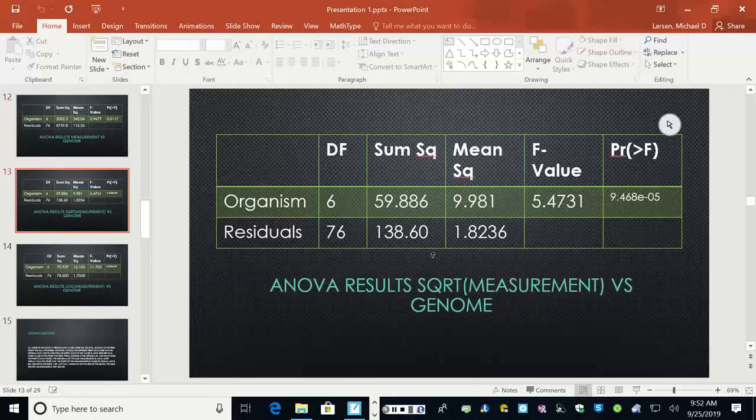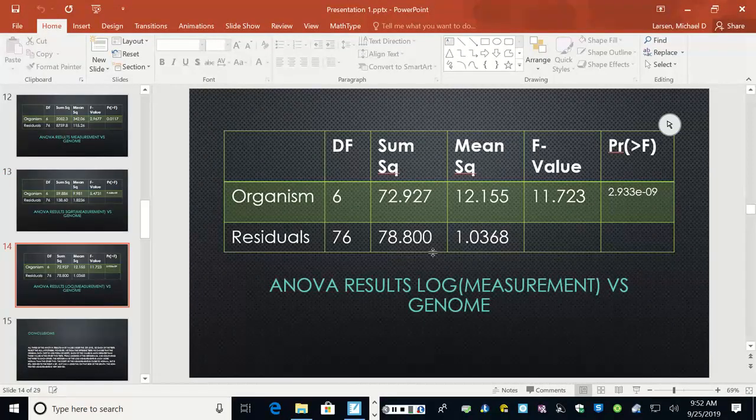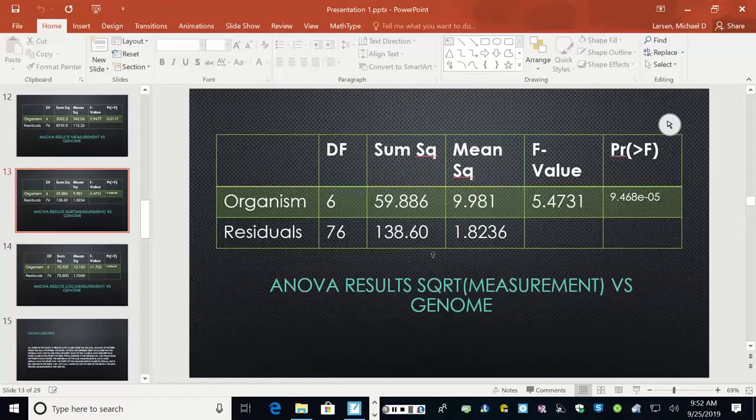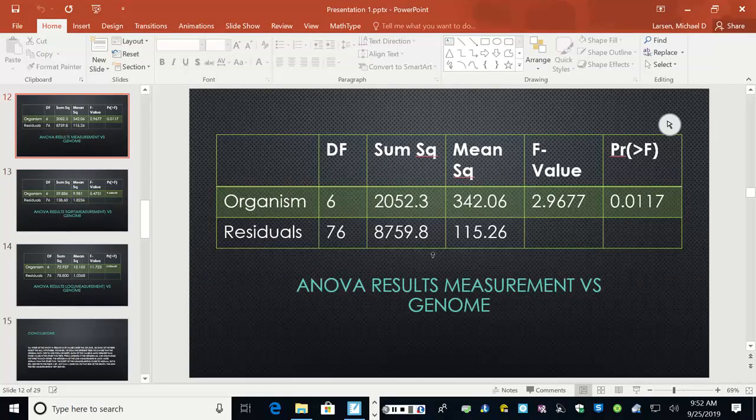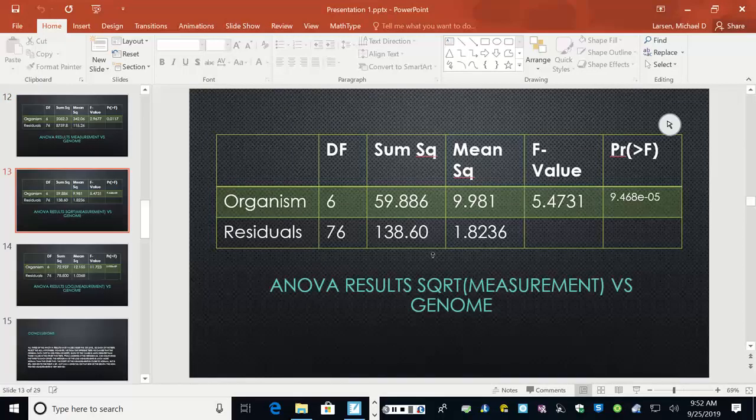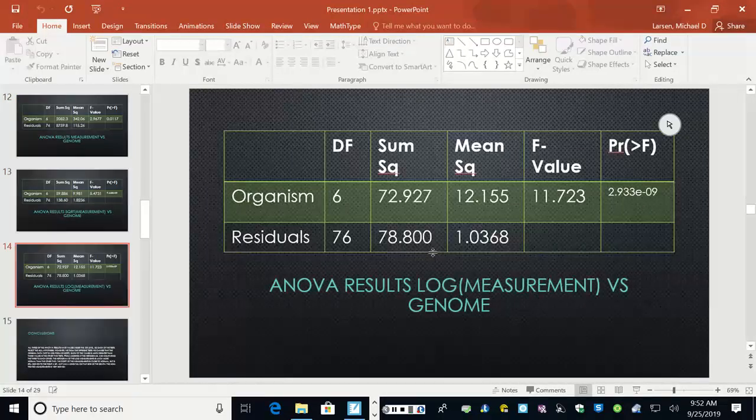And then with the square root measurement, it was much lower, 59, and the log was in between at 73-ish. Same with the mean square, where it was at 340 for the regular measurement, and went down to 9.9 and back up to 11.2. So it looked like the log split the 2.